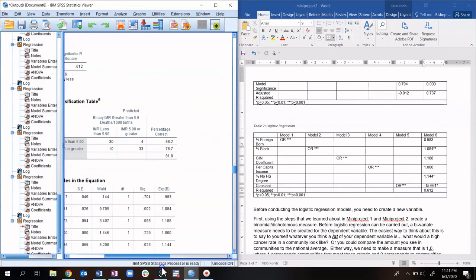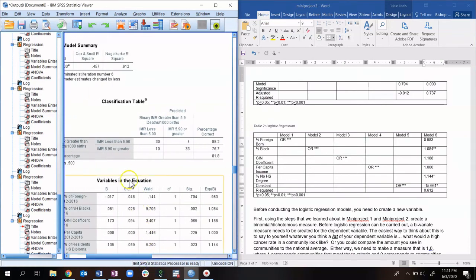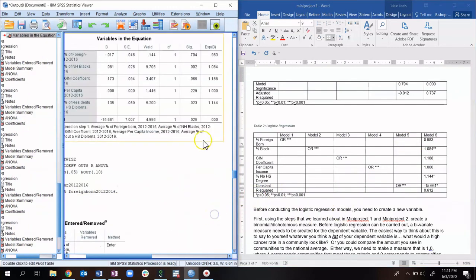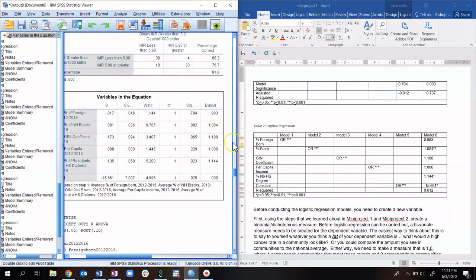So for the percent foreign born, the odds ratio is 0.983. If it were significant, we would put asterisks here, 1 to 3. And if you have a hard time remembering which ones you should use, they're down here at the bottom of the table. The next one is percent black. We got 1.084 here.